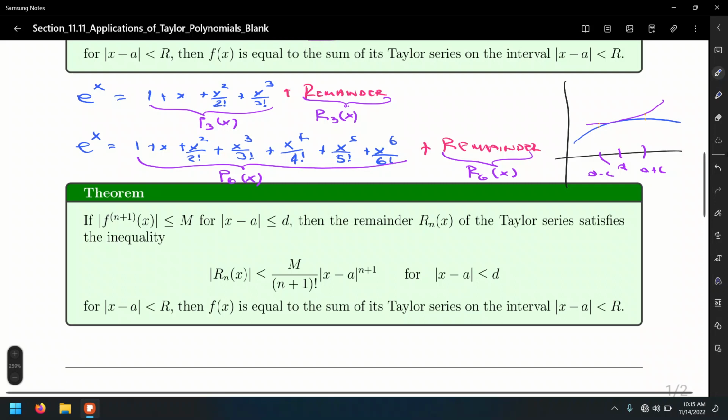This inequality is kind of weird because, if the next derivative is less than some upper bound M, provided that the absolute value of x minus a is less than or equal to d, then the remainder R sub n of the Taylor series satisfies the inequality. That's Taylor's inequality. R sub n is less than big M, which is the upper bound, over n plus 1 factorial, times the absolute value of x minus a to the n plus 1.